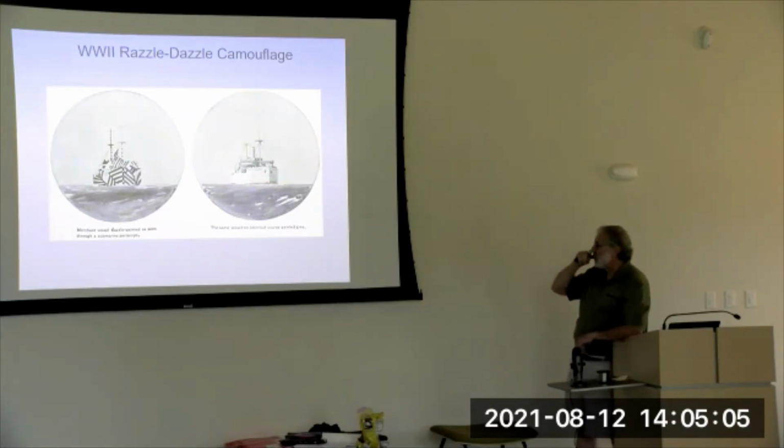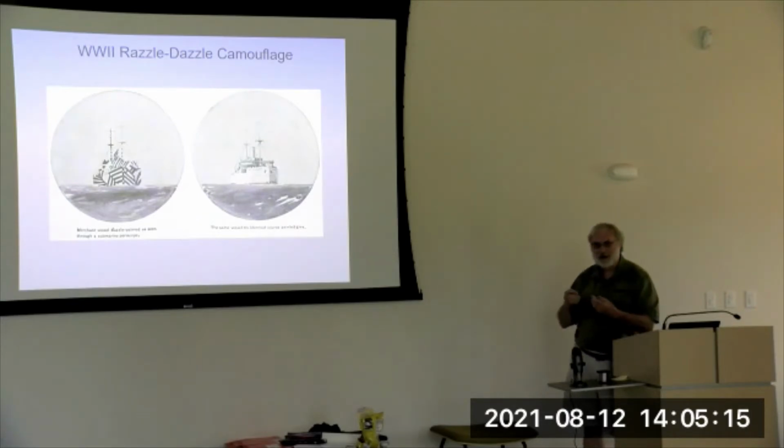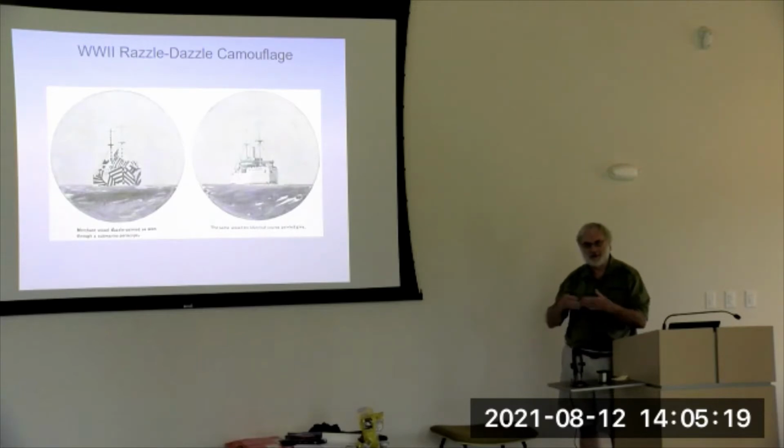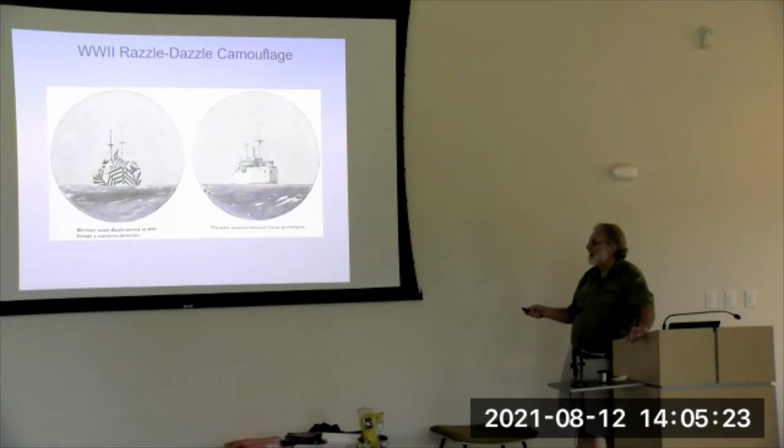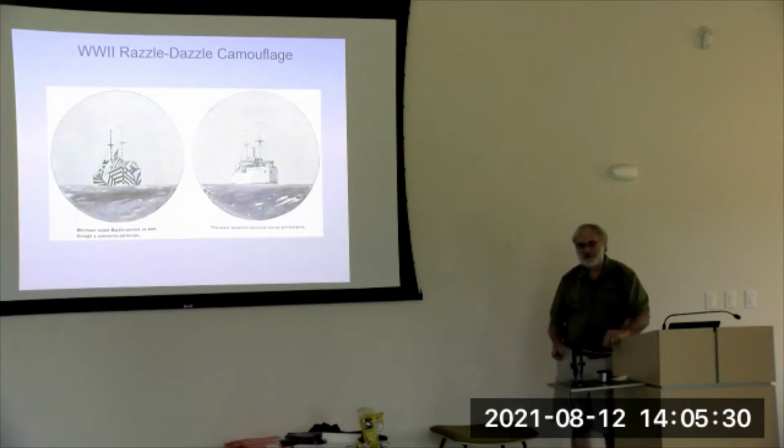So starting in World War I, they developed this razzle-dazzle camouflage, or sometimes it's called dazzle painting, in order to confuse submarines and ships and so forth, or submarines and airplanes that were looking for ships. And you would think painting your ship like that would make it stand out even more. You want to paint your ship blue or something so you couldn't see it against the ocean.